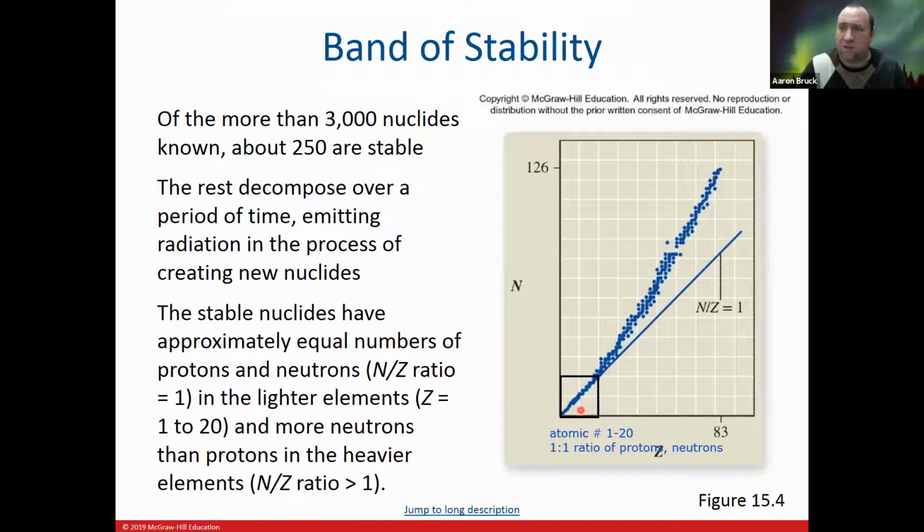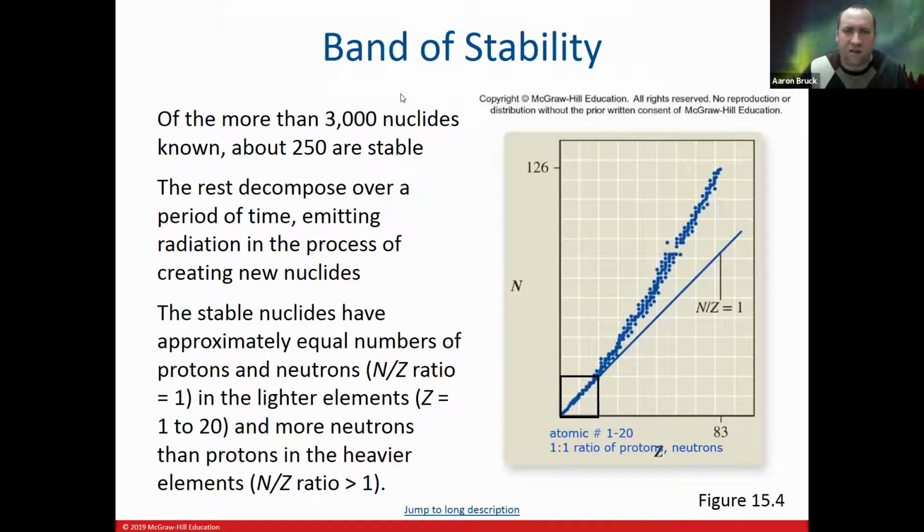So really close to 1-to-1. We see with calcium, atomic number 20, average atomic mass just over 40. So in this early low atomic weight group, we see that a 1-to-1 ratio is pretty common.